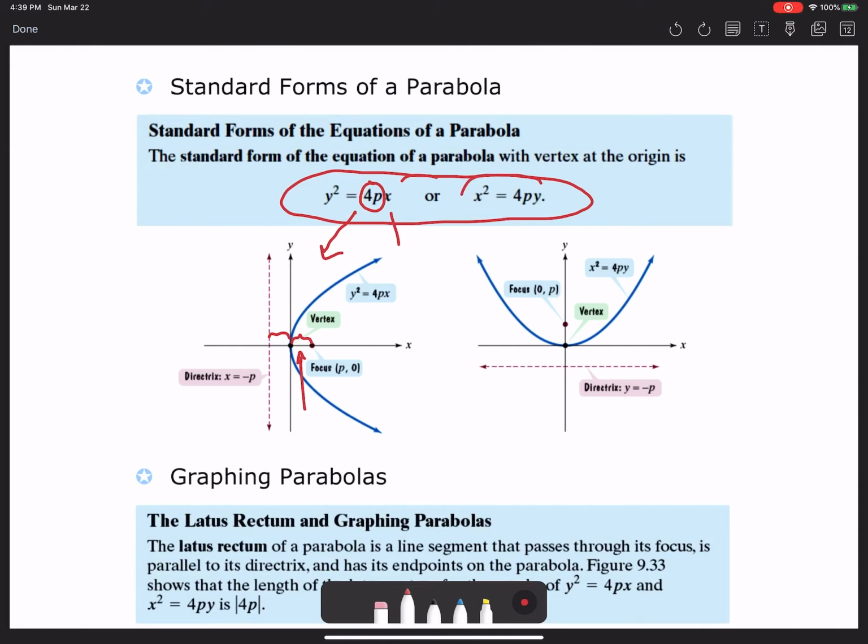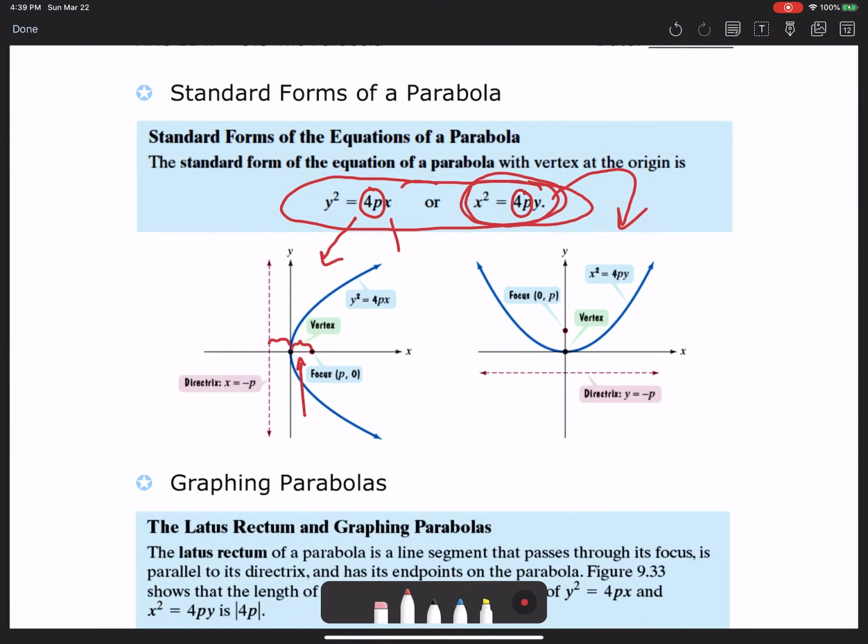And very similarly with our x squared equals equation, that looks more like our traditional parabola. And again, that 4p value is going to help us determine the distance from the vertex to the focus, or from the vertex to the directrix.